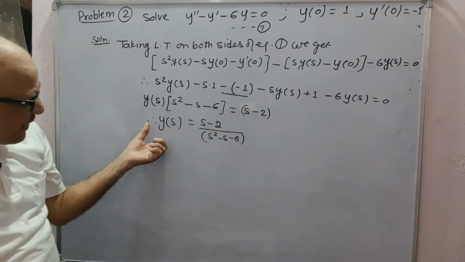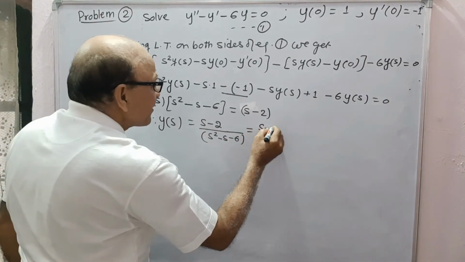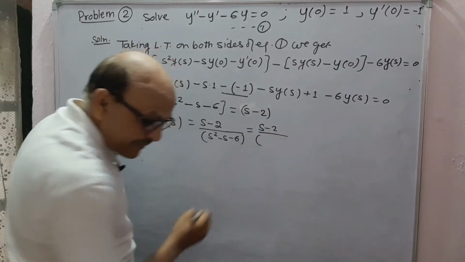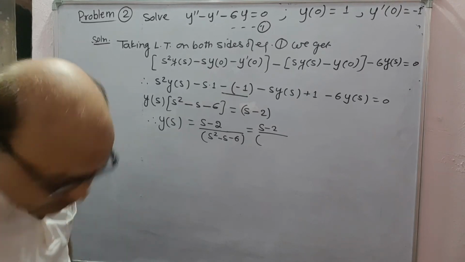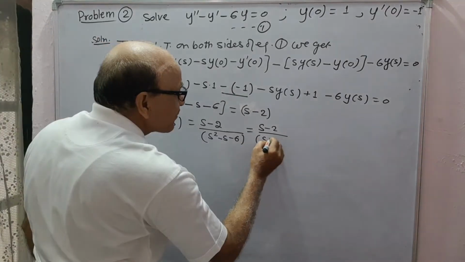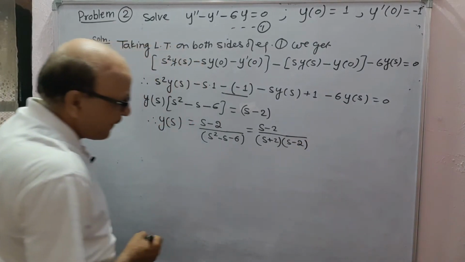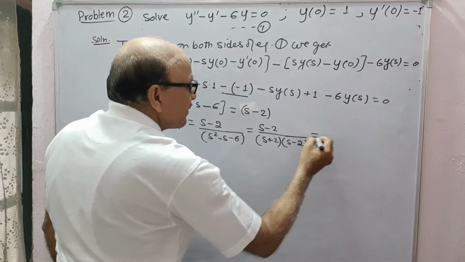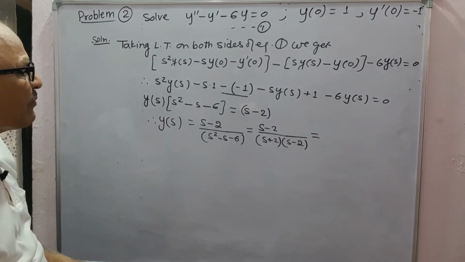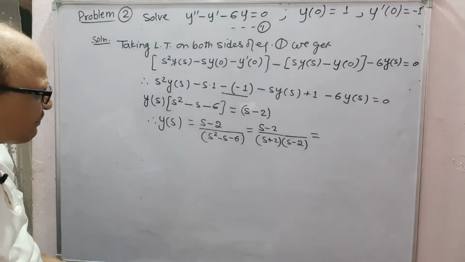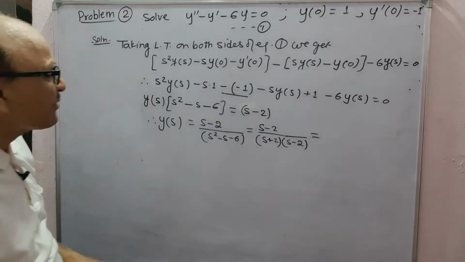Now, after factorization of this term, we get s minus 2 upon the factors s plus 2 and s minus 3. Suppose now we solve this by the partial fraction method.